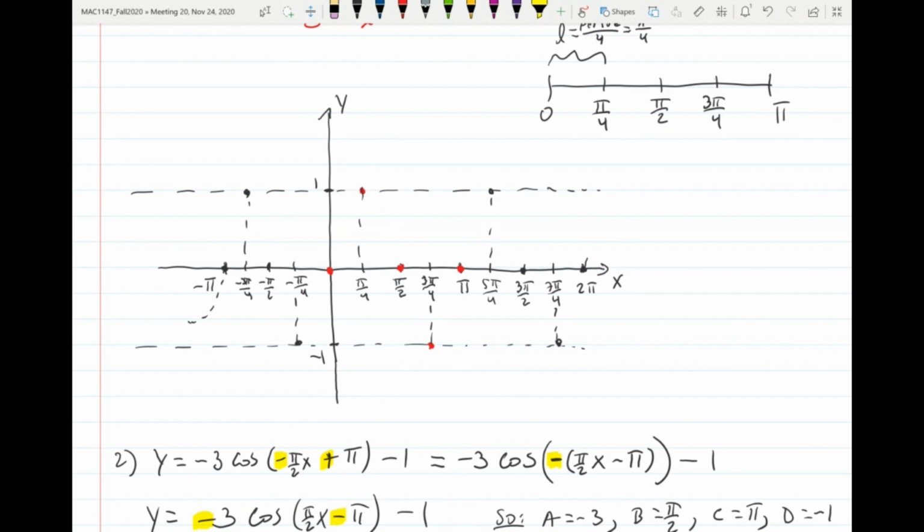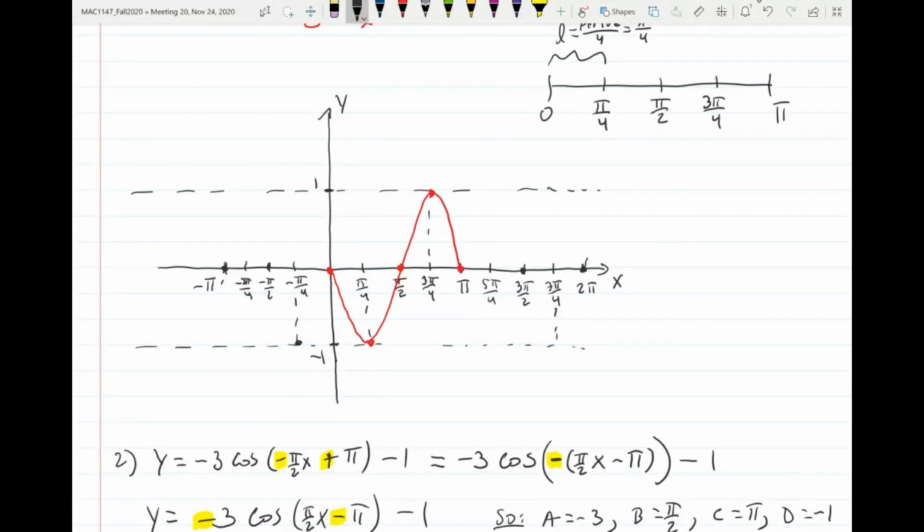Since we have the sine function, let's just change the key points. What was on top is now on the bottom, and what was on the bottom is now on top. So we begin at the middle, then we need to go down instead of going up. So we go down, then middle, then we go up, and then back to the middle. It will look like this. And now we just copy and paste.